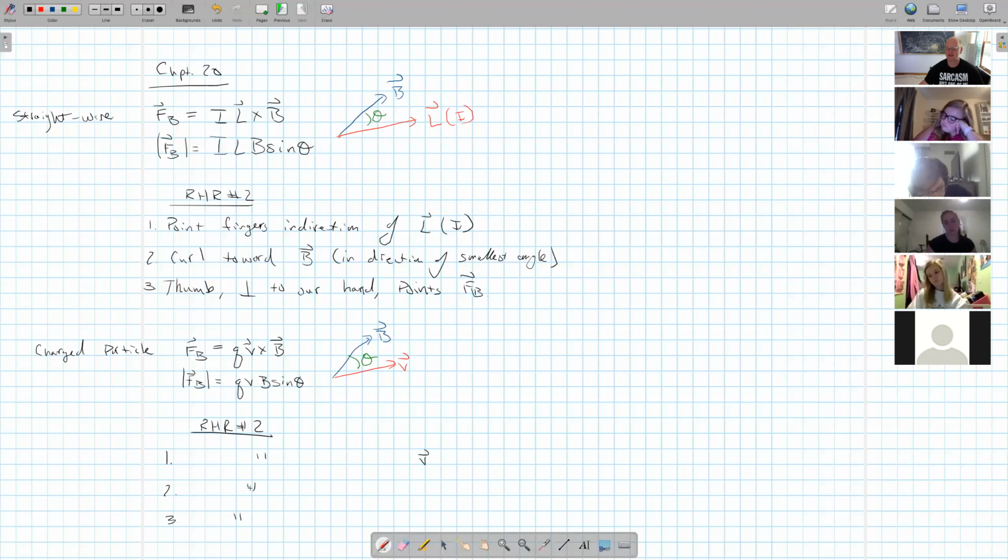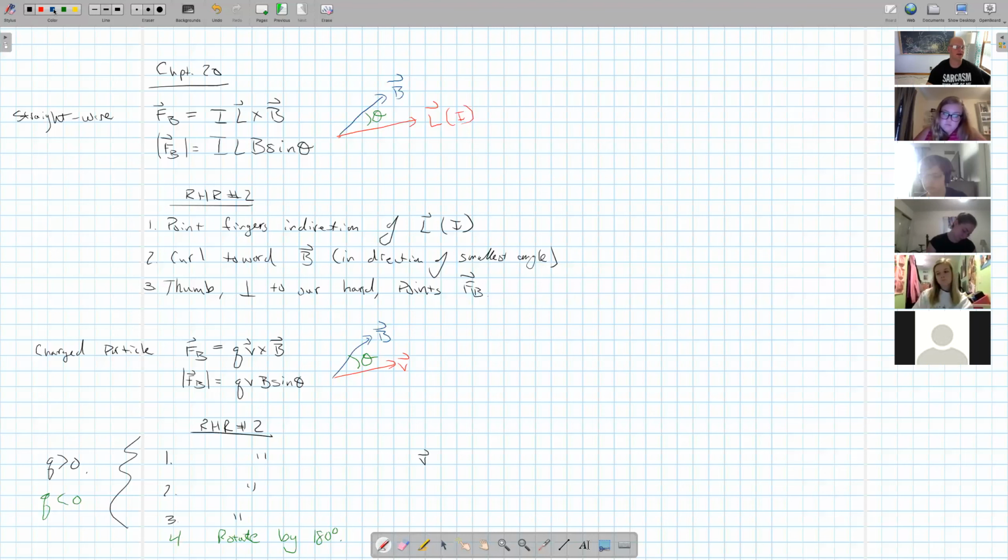Now here we have to be a little bit careful because we do have to know the sign of the Q. So this is technically true if Q is positive, but if Q is negative, what we have to do at that stage is step number 4, rotate by 180 degrees. Basically, once we determine the direction of the force, we have to rotate it by an extra 180 degrees if it is a negative charge. So that's basically the only difference there.